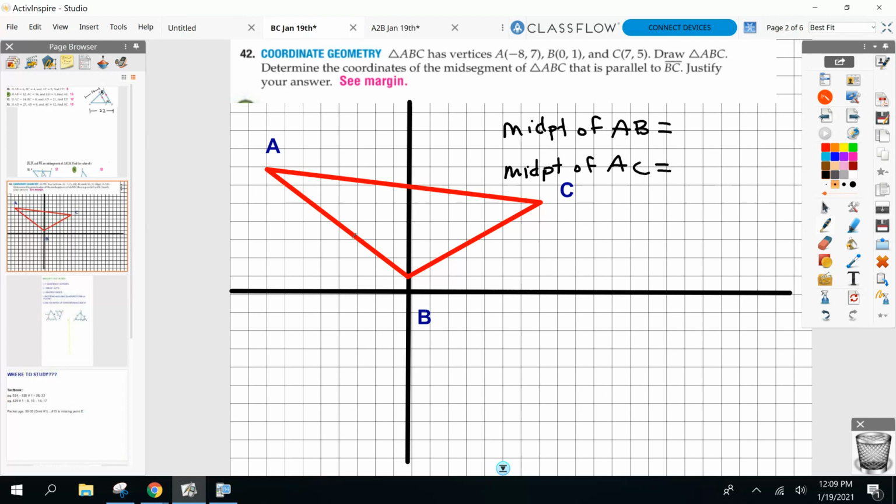Because once I join these sides, then that'll be the mid-segment for BC. So you're supposed to say those 2 points, yeah? Those 2 points, yep. Correct, by using the midpoint formula. And yes, one of them came out to be a half in one of the coordinates, right? So, yeah.